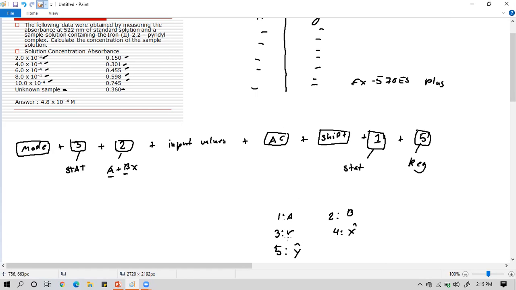Ngayon, in order to test for linearity, i-click nyo lang yung R. Dapat ang value ng R ninyo is approximately 0.999 or dapat 0.99 yan. Kapag 0.99, pasok ang values natin.